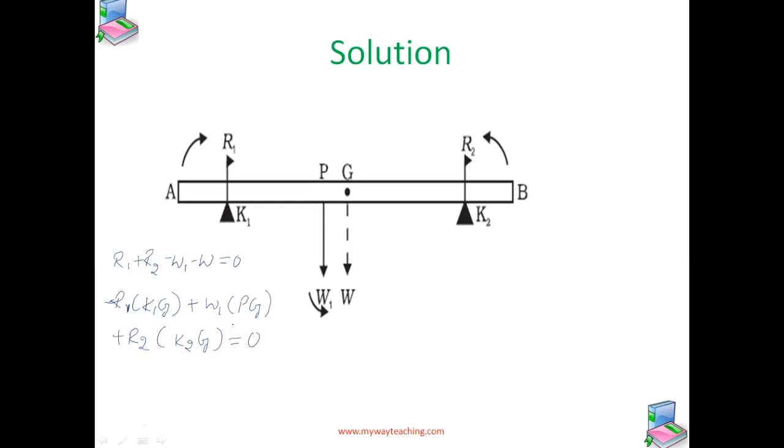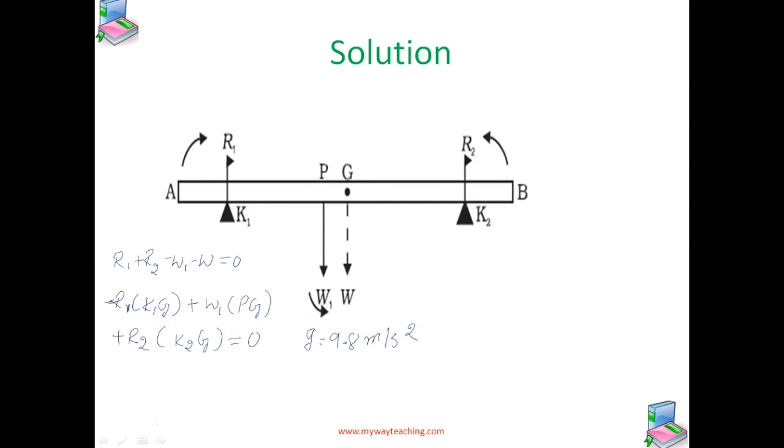It is given that W is equal to 4 and W1 is equal to 6. It is given, right? 4 kg and 6 kg, and g is acceleration due to gravity, and we can take it as how much? 9.8 meter per second square.